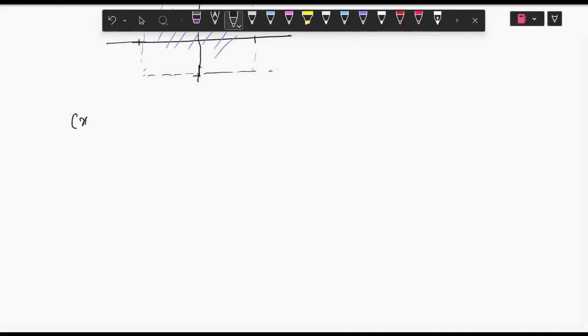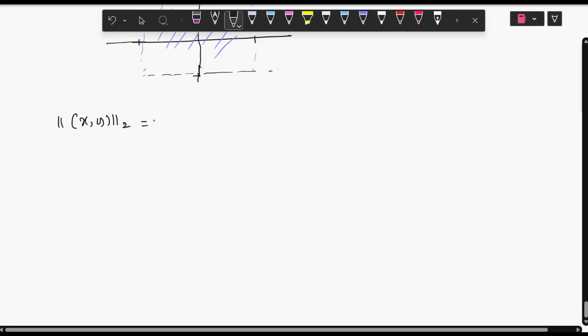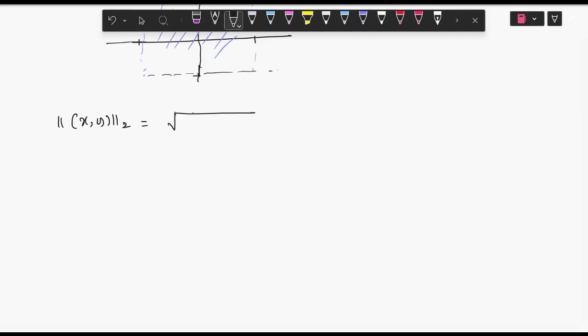If we take the norm of (x, y) in the L2 norm, that is equal to the square root of x square plus y square. Now let us talk about the set B of 0, 1, which is equal to all such (x, y) such that the L2 norm of (x, y) is less than or equal to 1.